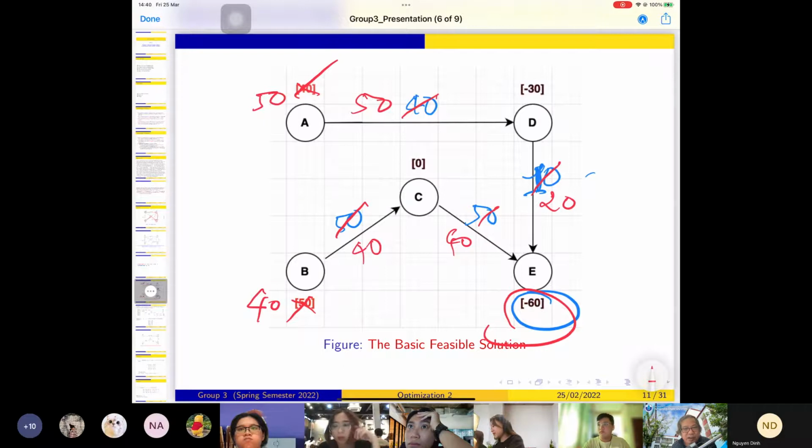And AB, BA, I don't move anything on that. And from A to D, I move 50, then everything is okay. So why not like this? Why do you make something at the beginning there? I don't understand. Everything, this is okay. This is the initial feasible tree solution.